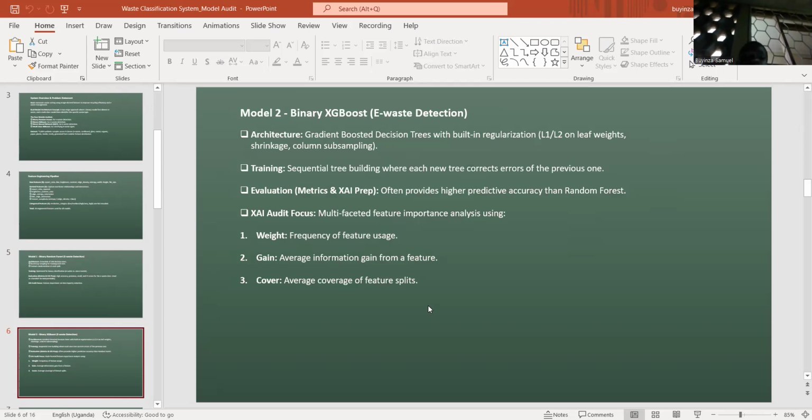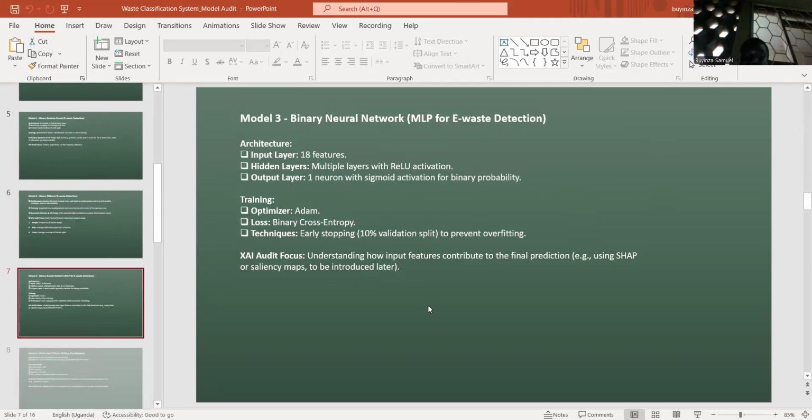Evaluation often provides higher predictive accuracy than the random forest. Then we look at the XAI audit focus, that is multifaceted feature importance analysis using weight, gain, and cover. Those are the three things it mainly covers while doing the importance analysis of these features.